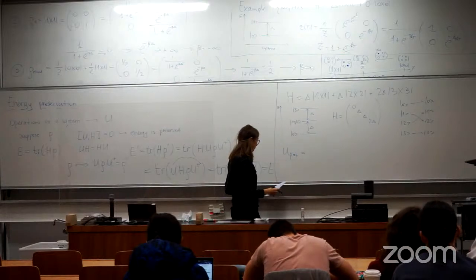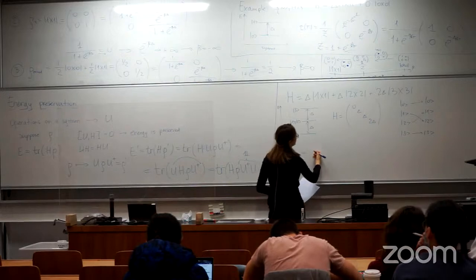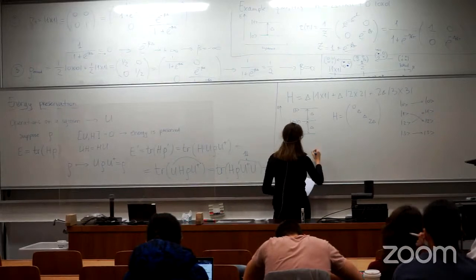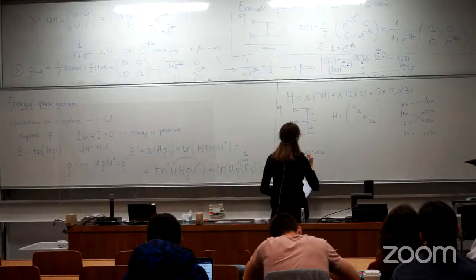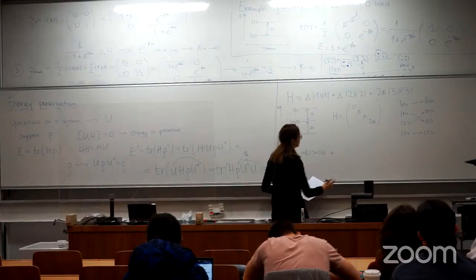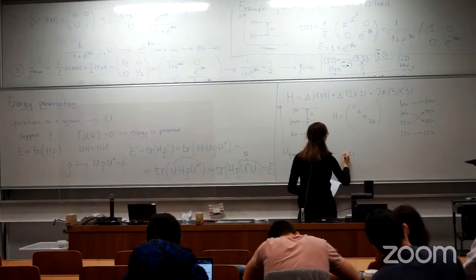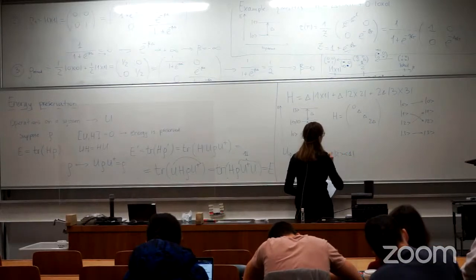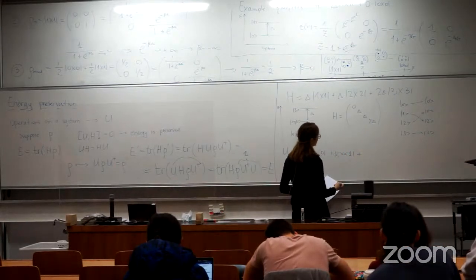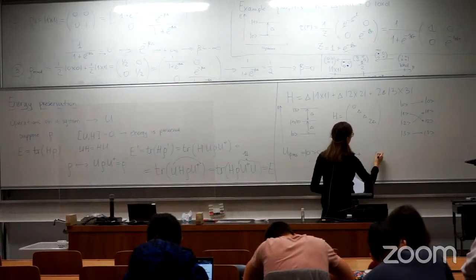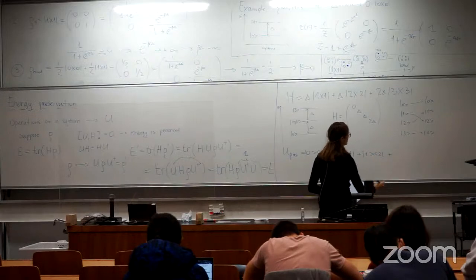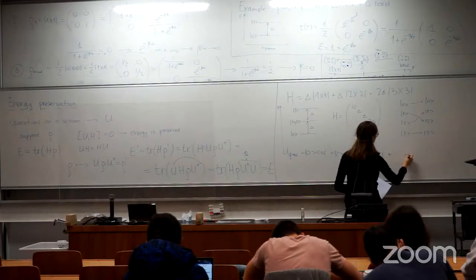So how we write the unitary: basically 0 is mapped to 0, plus 1 is mapped to 2, plus 2 is mapped to 1, plus 3 is mapped to 3.